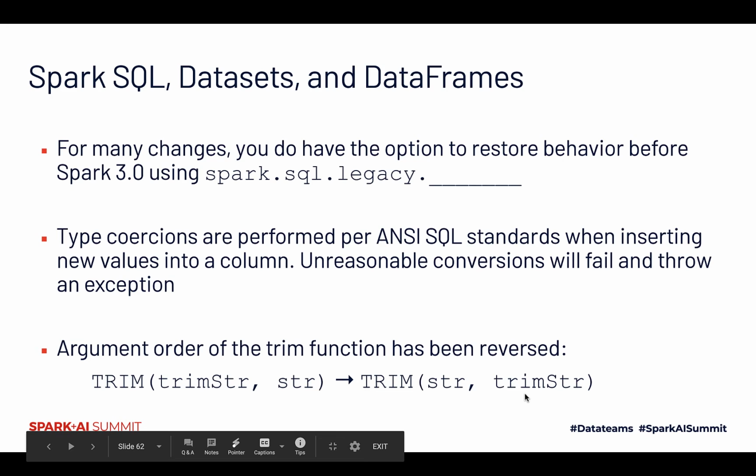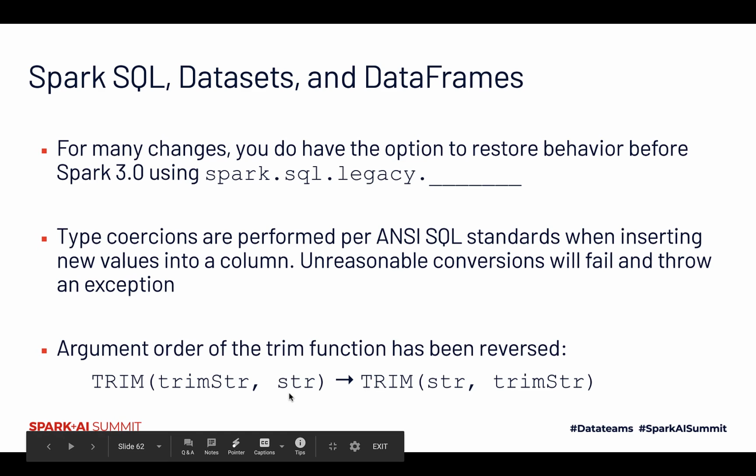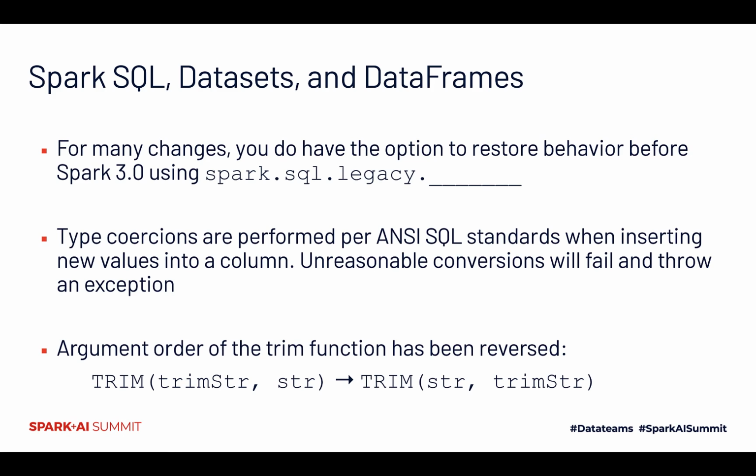Spark was the outlier, and it wasn't ANSI SQL compatible. So Spark said, all right, we're going to go ahead and fix it and be compliant with the rest of the world, so the people who are lifting their workloads and bringing them to Spark will be able to use them without having to make changes. However, if you move from Spark 2.0 to Spark 3.0, you're going to need to make sure that you update trim if you're using SQL. If you're using the DataFrames API, it's not as big a deal.